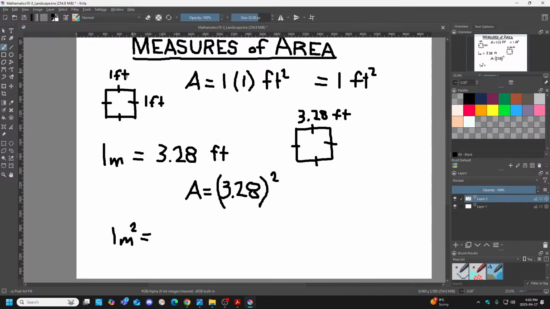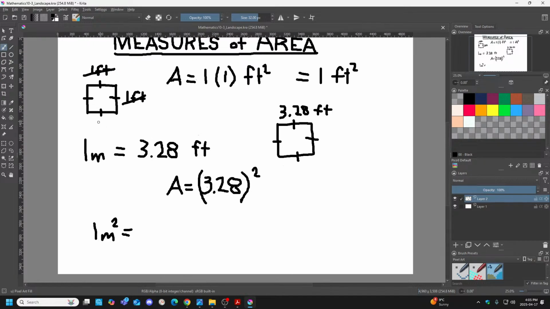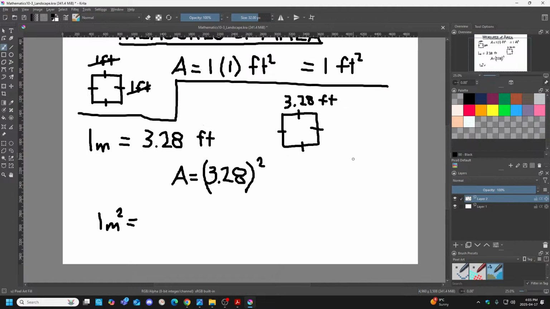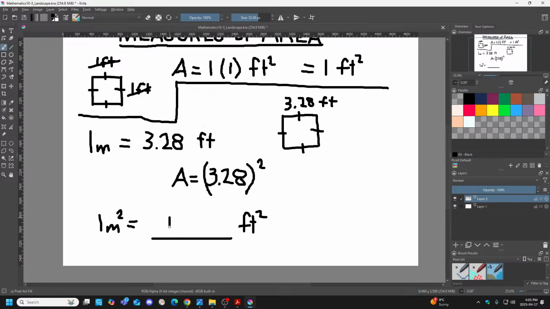This, just ignore this. This was just kind of a different example, all right? So I get, and we're solving for feet squared, 10.76. Kind of creating your own, I guess.